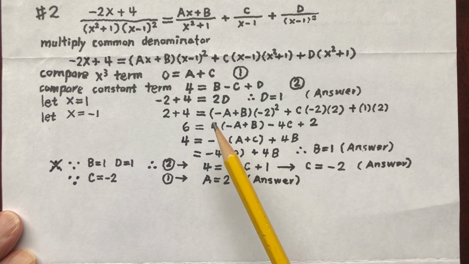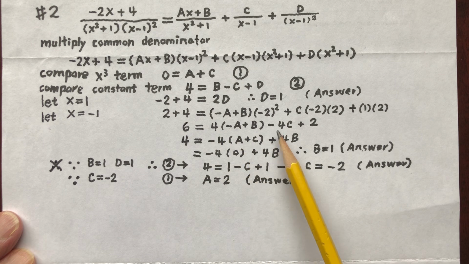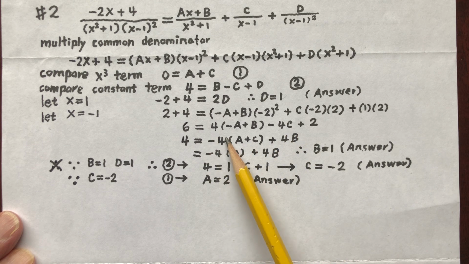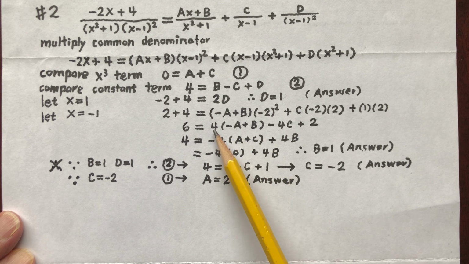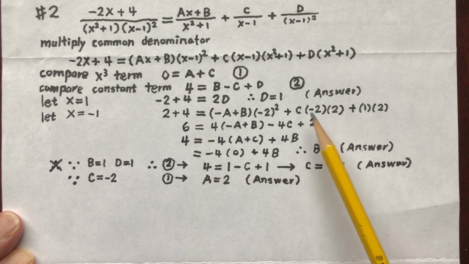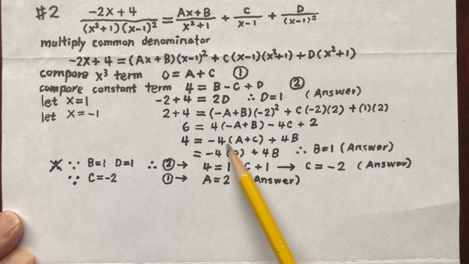We notice that I have negative 4a and negative 4c. Therefore, if I factor out negative 4, I have a plus c. And the b part is 4b. The left-hand side, you move the 2 to the left, I have 4. So I have this.